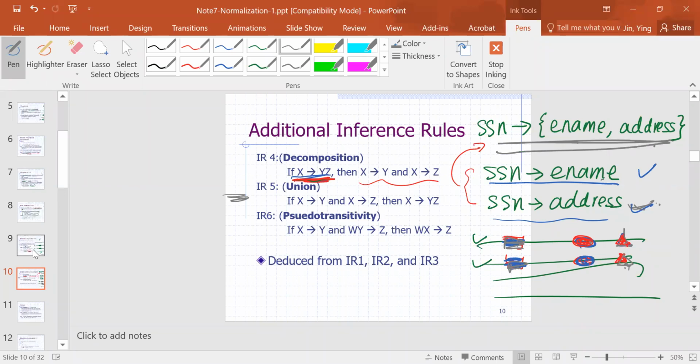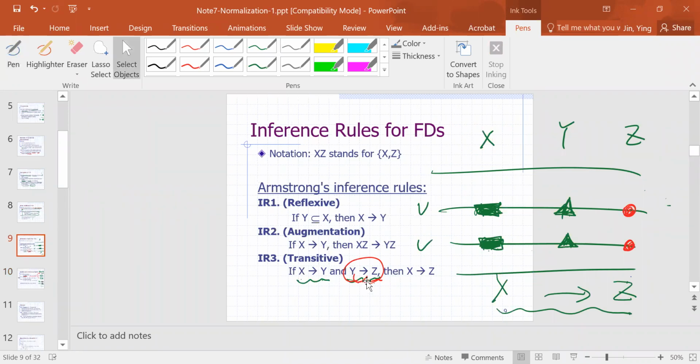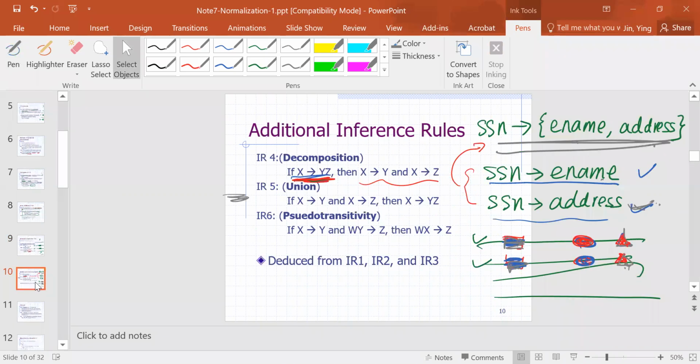So I don't think it's anything significant to remember. Like IR1 is, IR3 is transitive. The name doesn't matter. You just need to see that whenever you have this, you'll be able to apply them. Later we'll see cases where, when I see this, I need to have this kind of format.